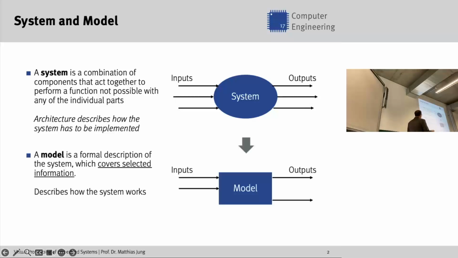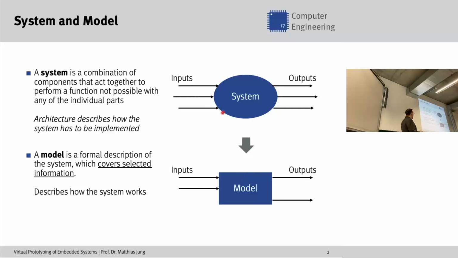Whereas the model is usually a formal description of the system. And this part is even more important now. In a model, you can only cover selected information. So the model usually cannot represent the complete reality. It always abstracts something.